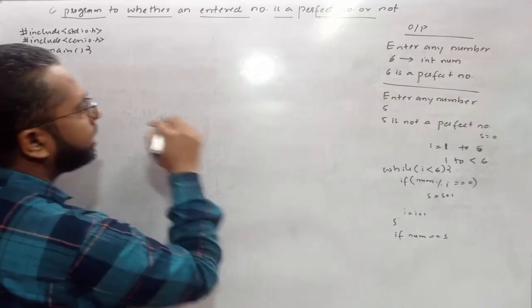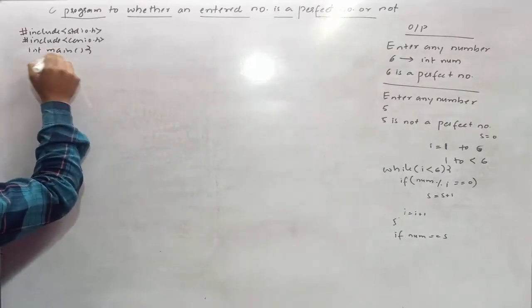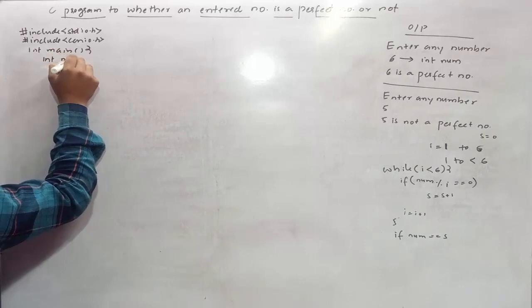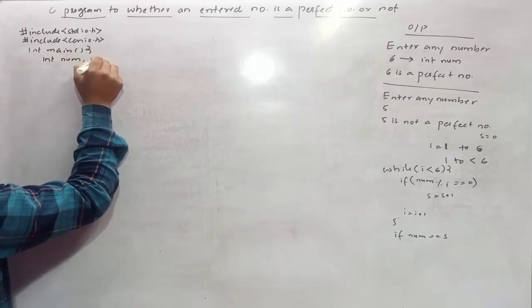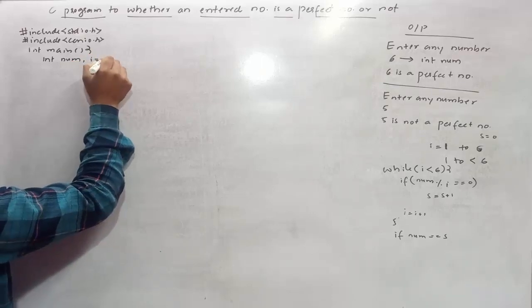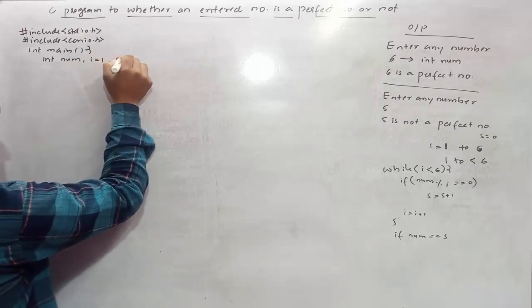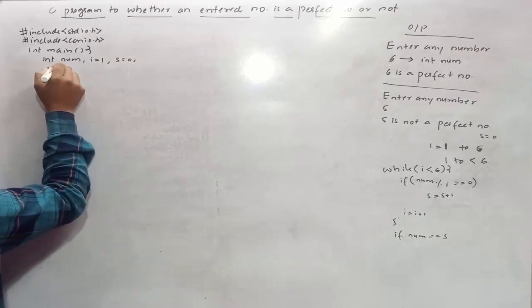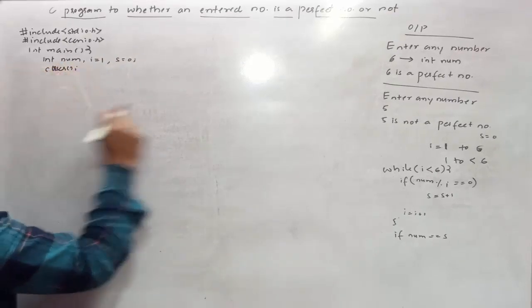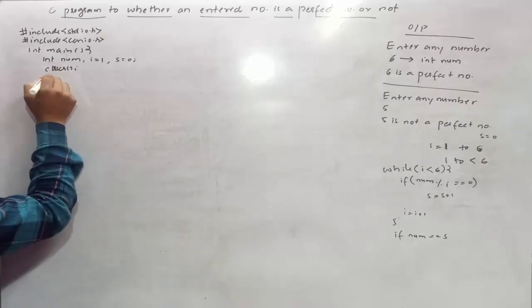I need to declare the variables. I want an integer variable num, and I also want an integer variable i, initialized to 1, and s initialized to 0. Then clear screen. Next, I need to display the message: Enter any number.